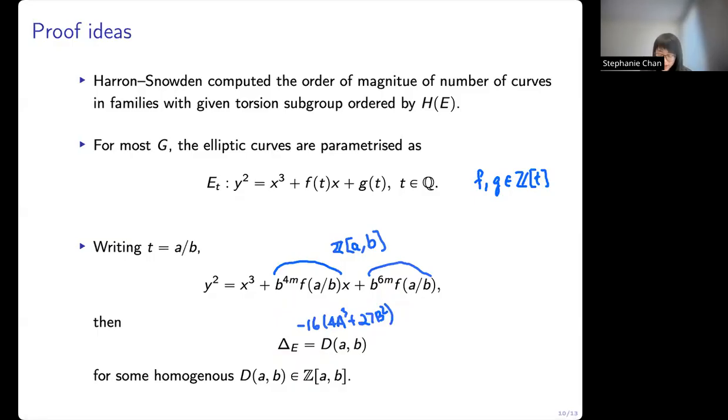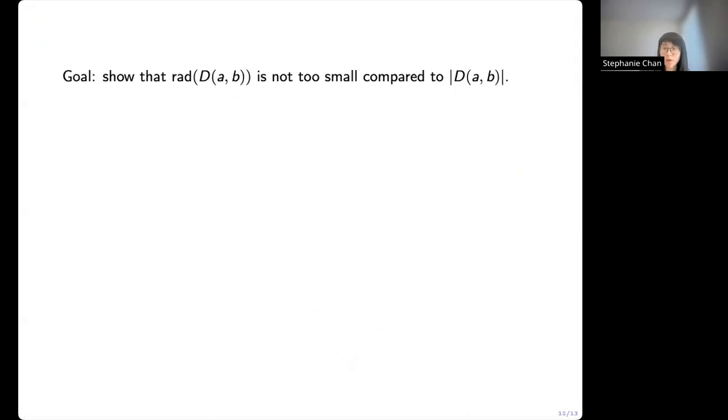Then what we next need to do is show that logarithmically the radical of this polynomial D is usually very close to the absolute value of that polynomial.